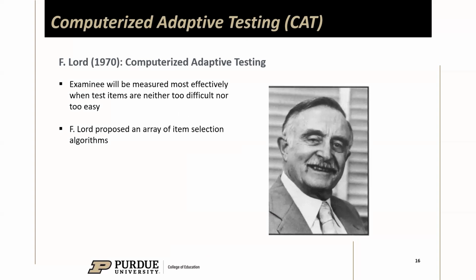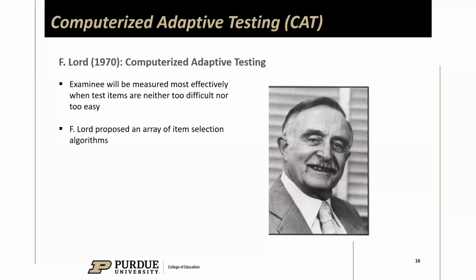And in our field, Fred Lord, who is a founder of item response theory, proposed how to measure students most effectively. He said that an examinee will be measured most effectively when test items are neither too difficult nor too easy. What does that mean? If students can answer all the items correctly, you actually receive no information.